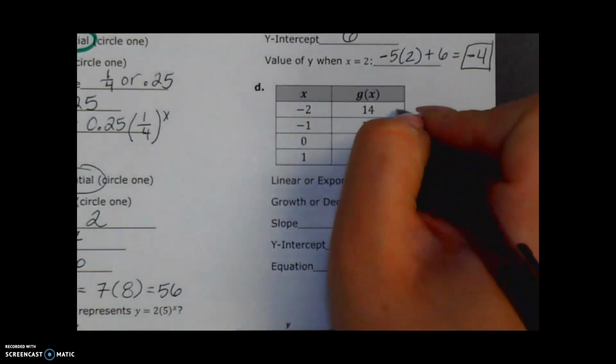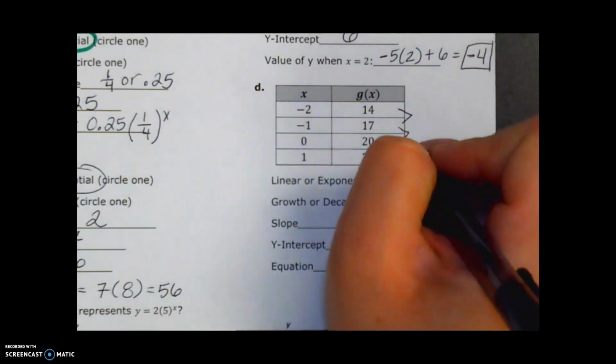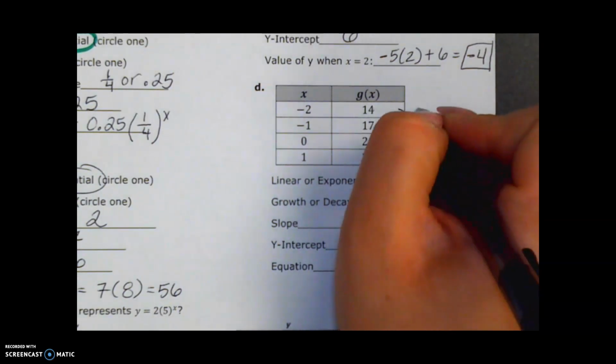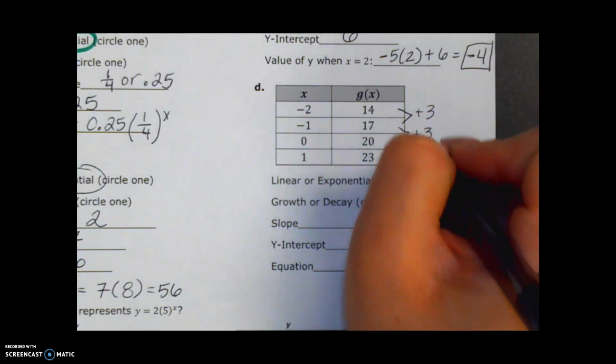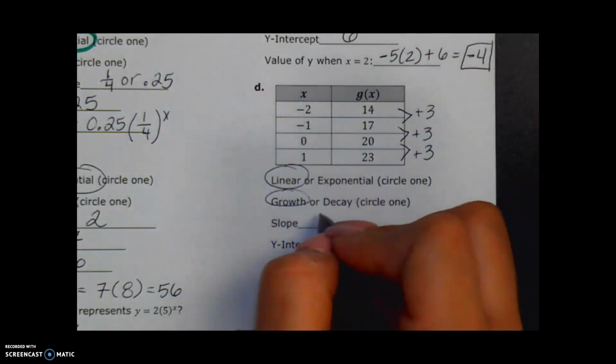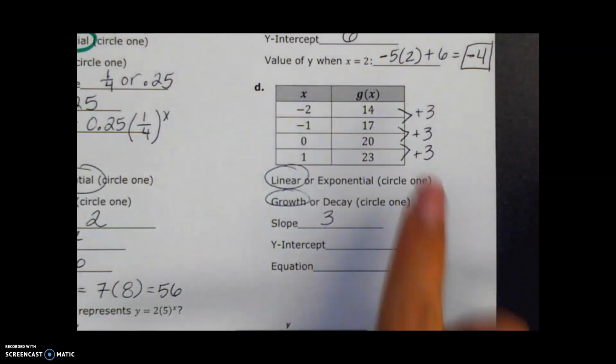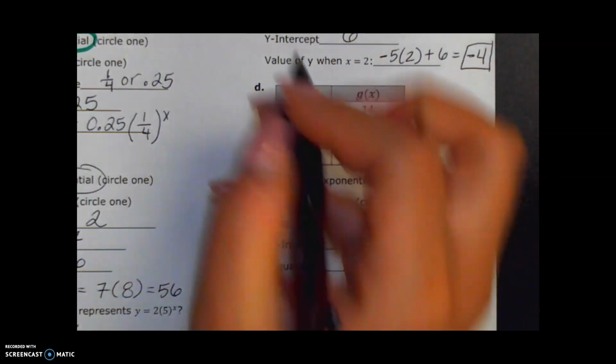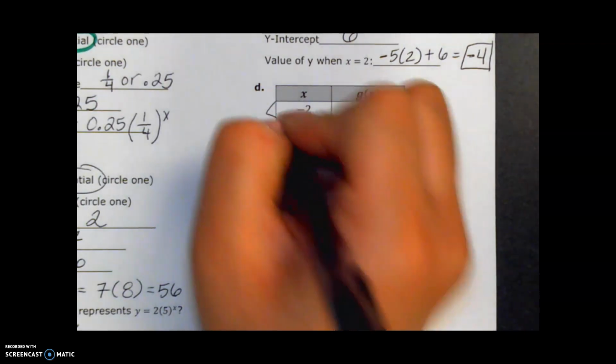All right, this one here, just by looking at it, I can see that it's linear. If you can't tell, just think of the rate of change between each of these. 14 to 17 is adding by 3 each time. My slope, oh, this is linear. It's growing, so it's a growth. My slope is going to be 3 because it's 3 over the change in x.